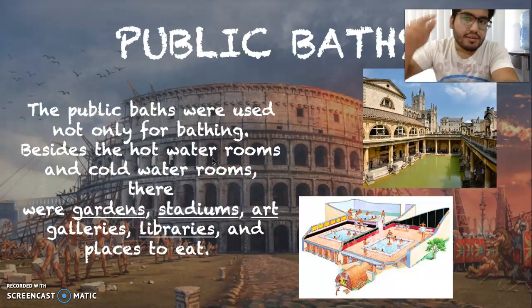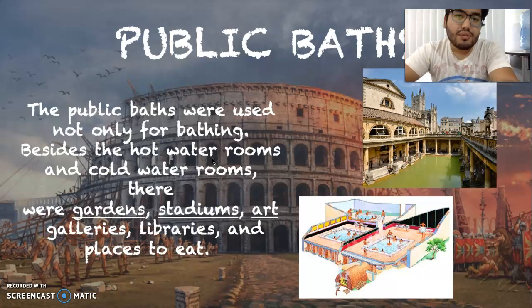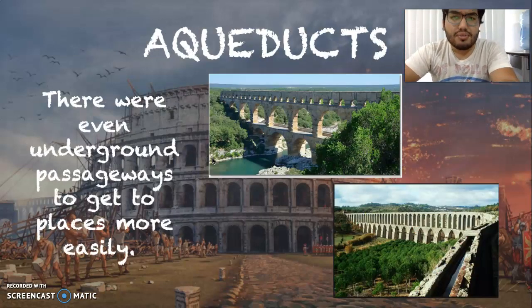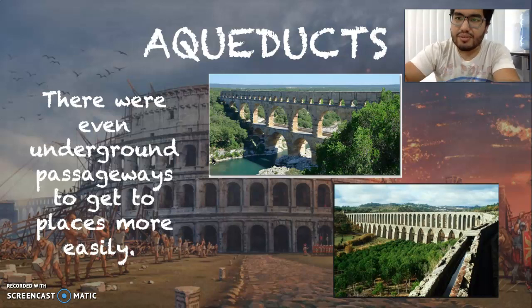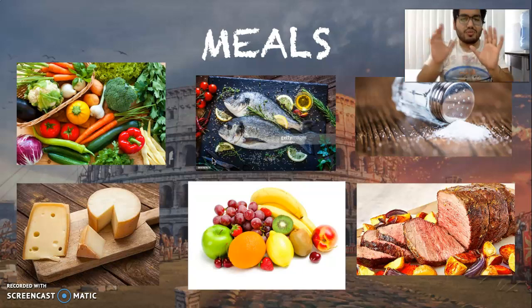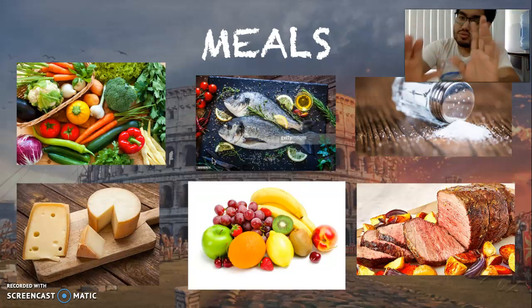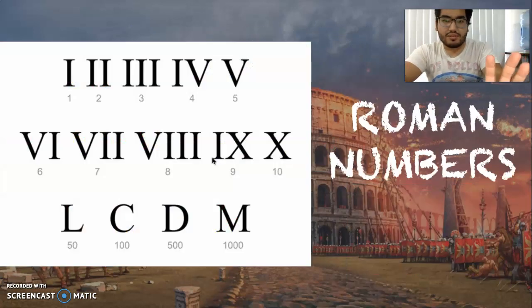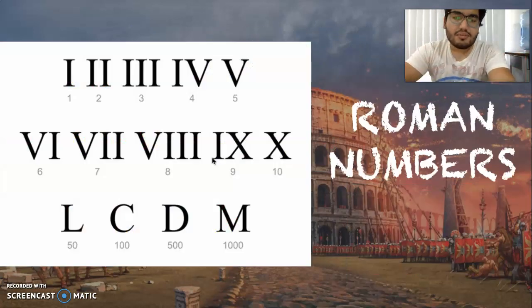The public baths were part of the traditions of Rome. Aqueducts. Oh yeah, this was also part of the traditions, and you draw the tradition. The meals, they eat fish and beef, fruits, vegetables, salt. So, showing these pictures, you should choose one of each of these. Roman numbers, the Roman numbers.